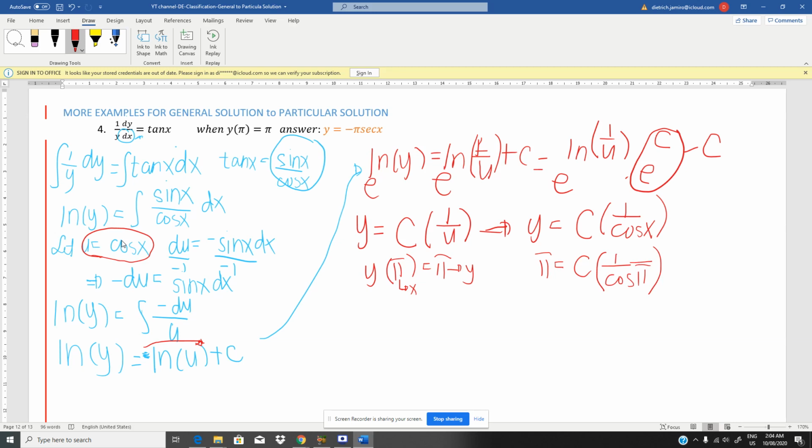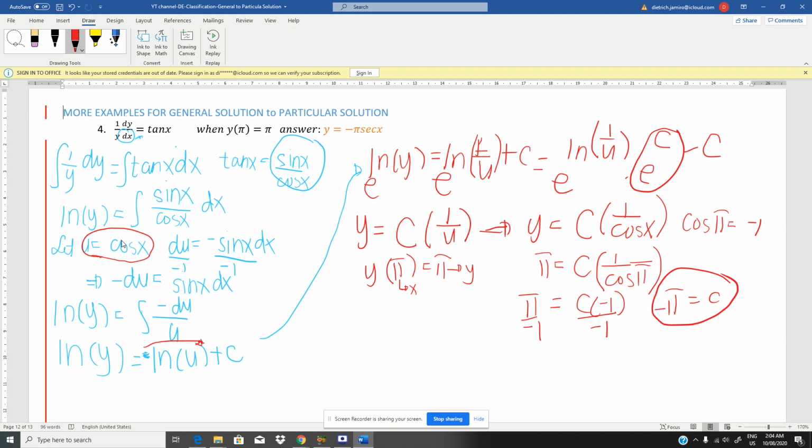We know that cosine of pi is equivalent to negative 1. So we will have pi is equal to c times negative 1. Dividing both sides by negative 1, we will have negative pi is equal to c.